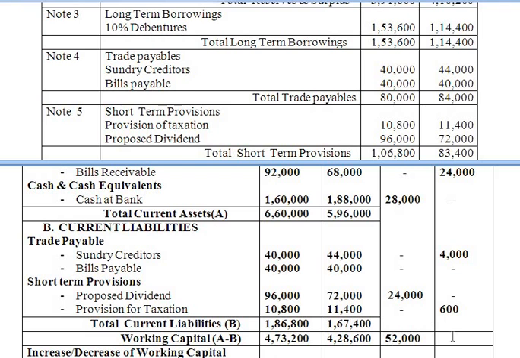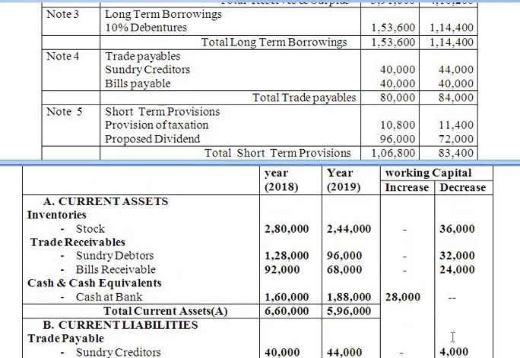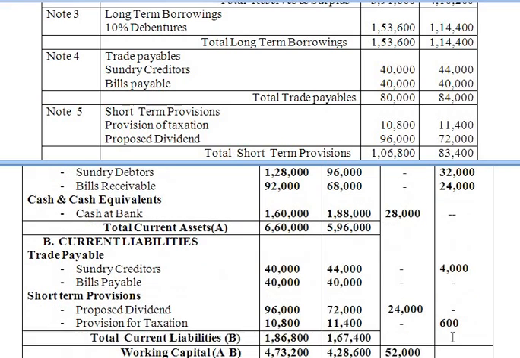Okay, next now we have to find out the total of the decrease column. 36,000 plus 32,000 plus 24,000 plus 4,000 plus 600.